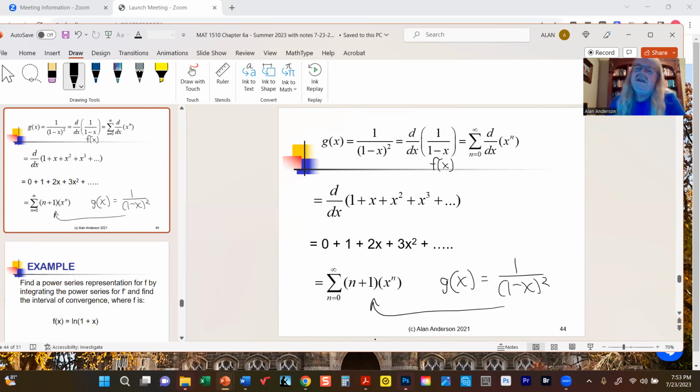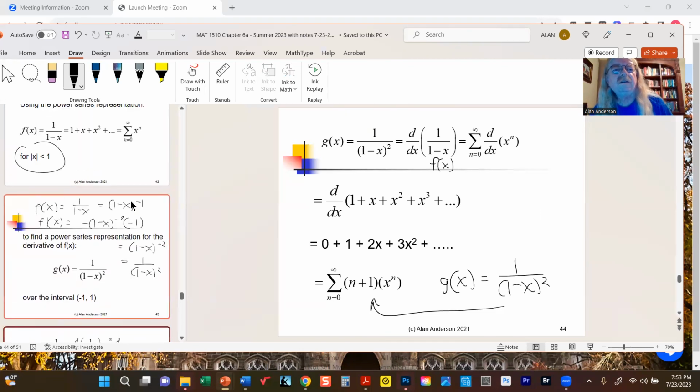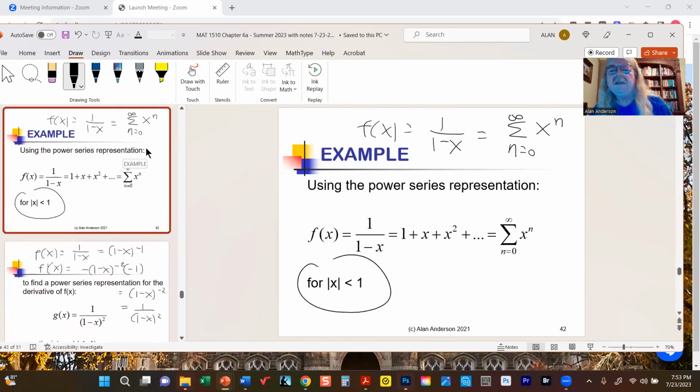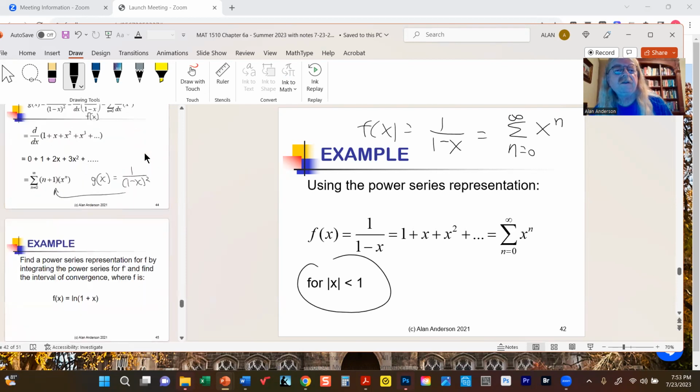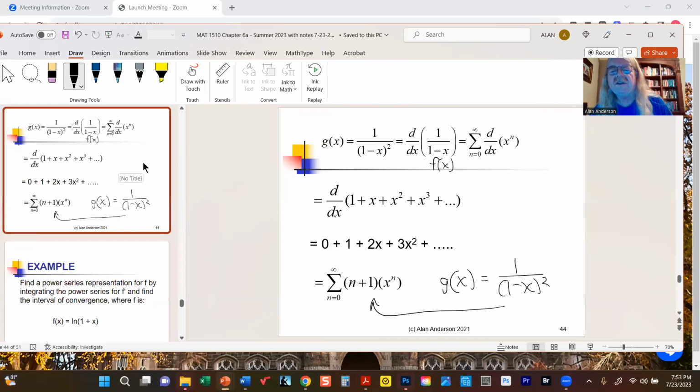And so that took a lot of cleverness to recognize that g of x is simply the derivative of 1 over 1 minus x, which we'd already looked at earlier. And so it stands to reason that the derivative would have a series representation which is related to it.